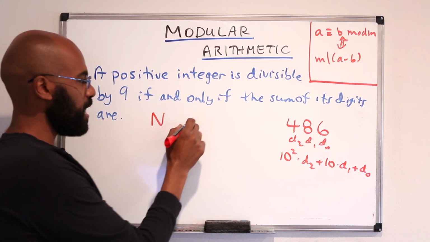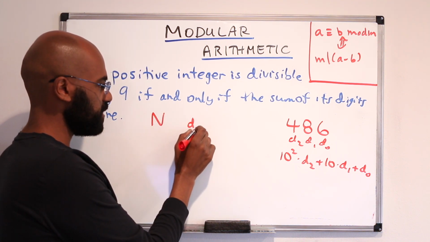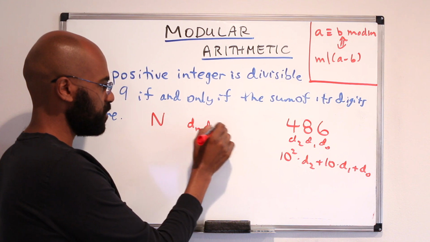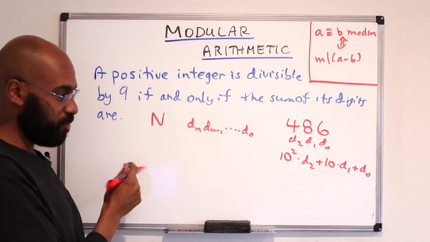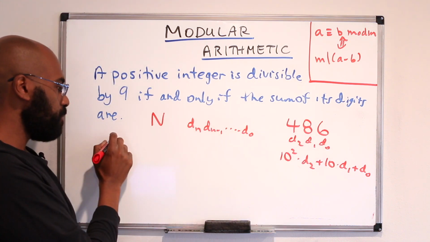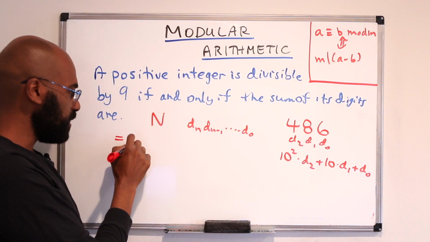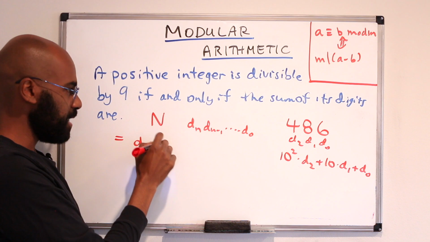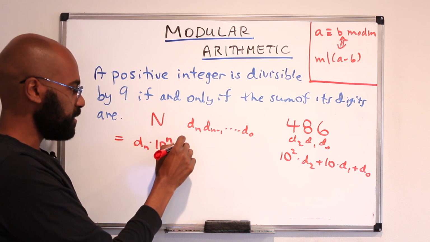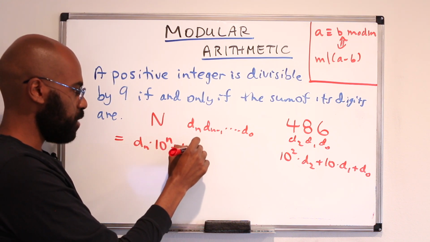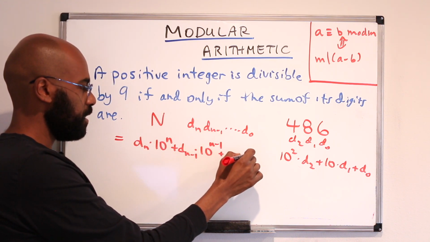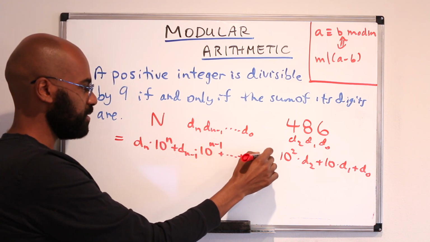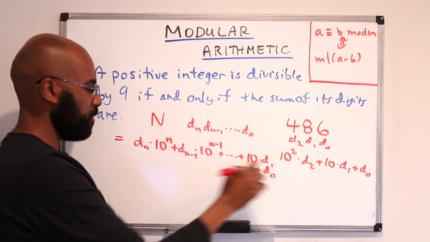So if the number n has a bunch of digits, let's say dn, dn minus 1, etc., up to d0, written in this form, then the number n itself is actually dn times 10 to the n, plus dn minus 1 times 10 to the n minus 1, etc., up to 10 times d1 plus d0.